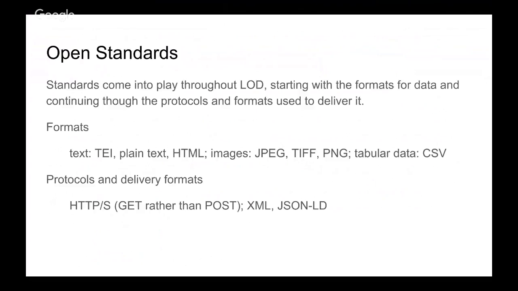For images, there are things like JPEG, TIFF, PNG. For tabular data, there's CSV. Again, the basic idea is you should use methods for storing and delivering your resources that are open and well documented, and basically stuff that's likely both to survive for a long time and also is well documented enough so that future people can take it and migrate it to a new format if need be.